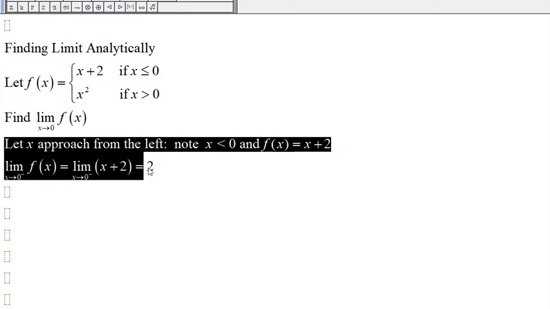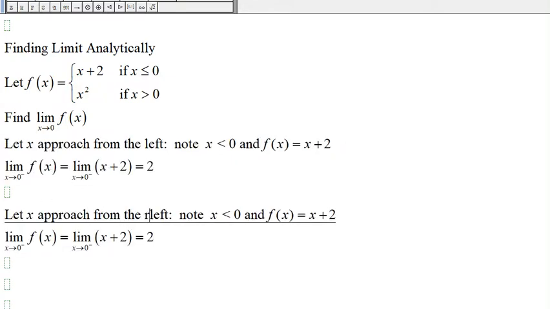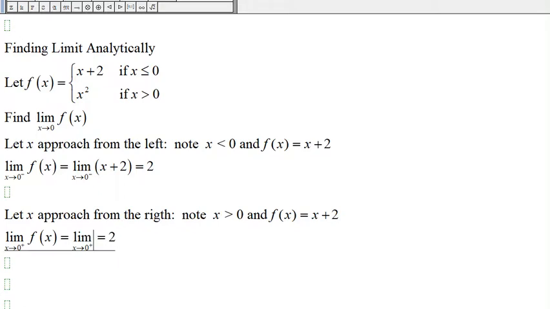And then similarly, we approach 0 from the right. If we're approaching 0 from the right, then x will be greater than 0, and so if x is greater than 0, then f of x is x squared.